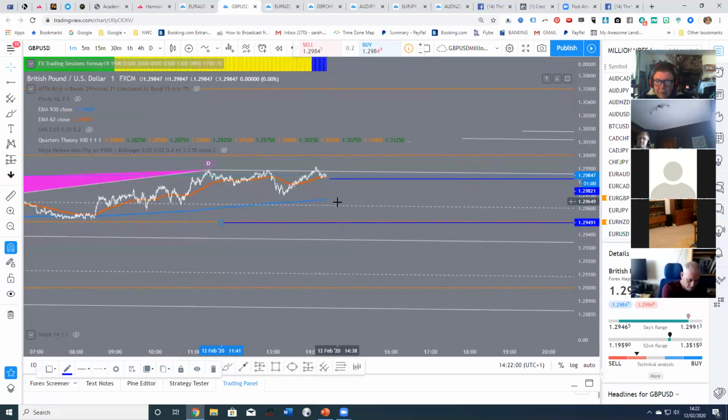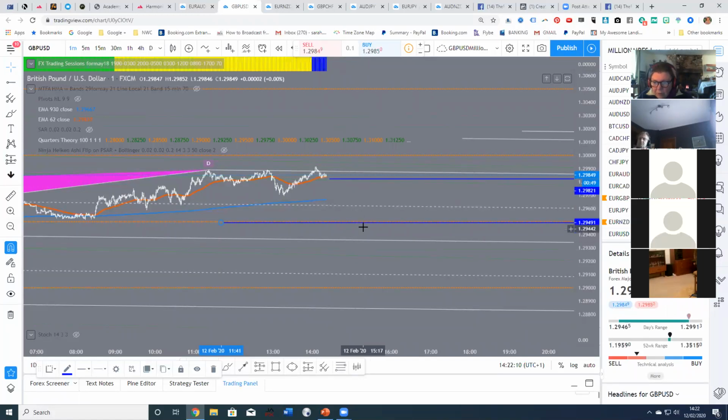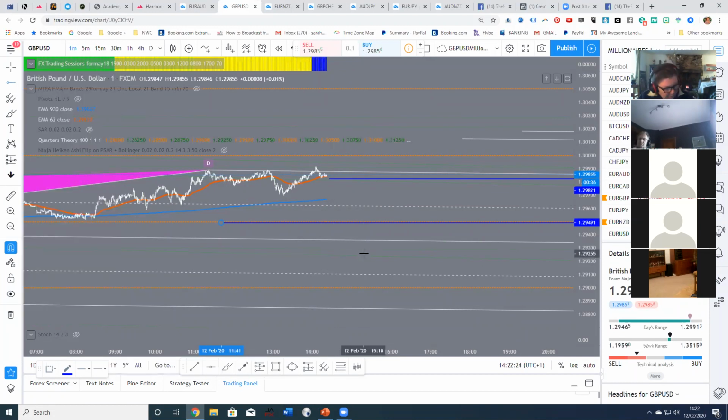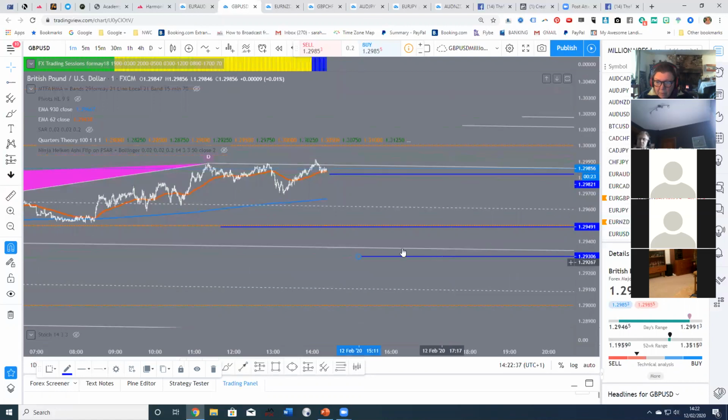So as price comes down and we get in this trade for a sell, we'll be looking at whether it stalls out at that level and turns back, or whether it breaks through and comes down to the next level, which will be 1.29500. And then take profit 2, just do a horizontal ray, then you don't get a line going all the way across, will be 1.29309, which is again quite interesting because it's just below my pitchfork.